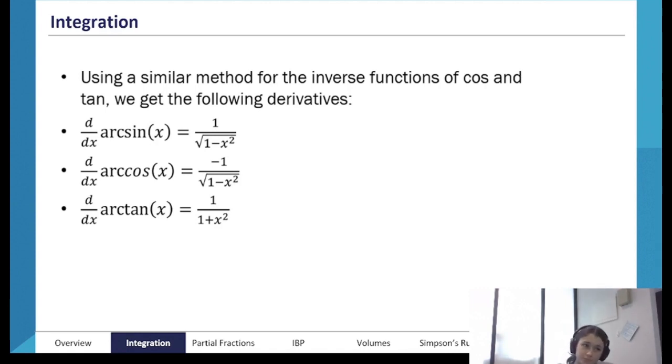So, we don't go through these in methods at all, but remember the arc sine, arc cos, and arc tan is like the inverse. And by inverse, I do not mean like 1 over sine. I don't mean that. What I mean is like the inverse.